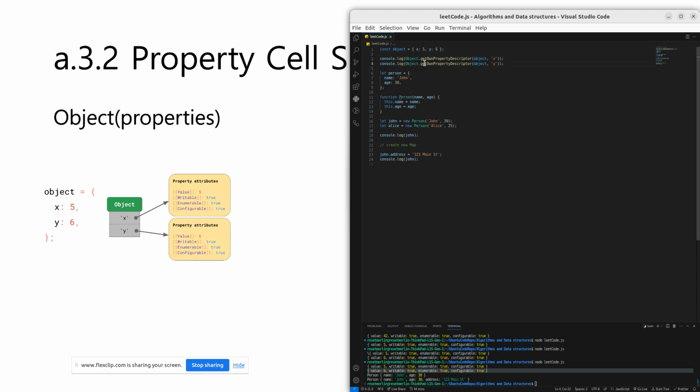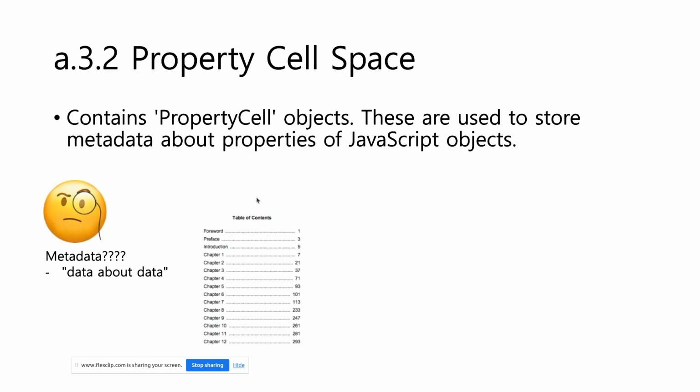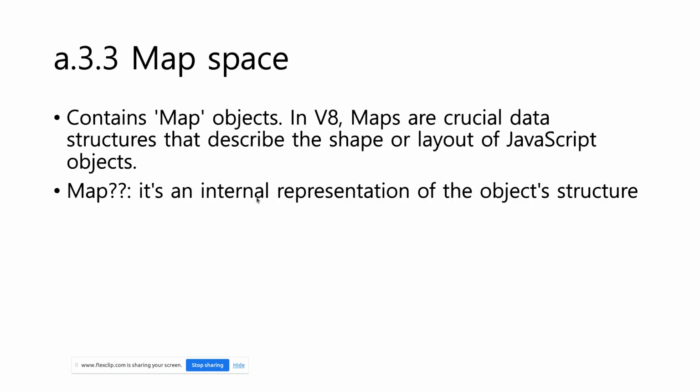When you console log it using the getOwnPropertyDescriptor method, you can see the values, and that it is writable and configurable, those kinds of things. That is what gets stored, and based on that, V8 optimizes it.